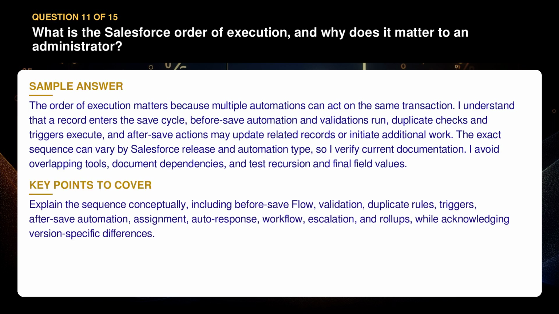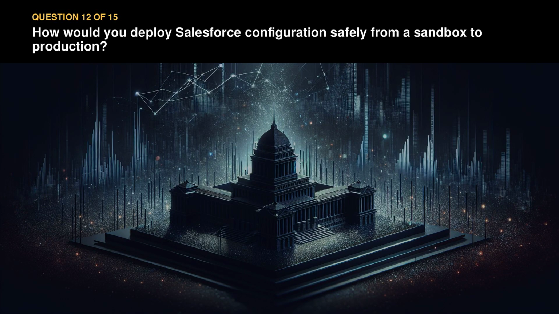Explain the sequence conceptually, including before save flow, validation, duplicate rules, triggers, after save automation, assignment, auto-response, workflow, escalation, and roll-ups, while acknowledging version-specific differences. Question 12. How would you deploy Salesforce configuration safely from a sandbox to production?